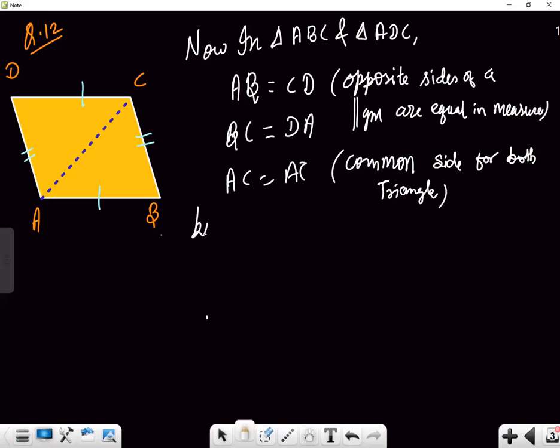So by SSS, as all three sides of one triangle are equal to the corresponding sides of the other triangle, triangle ABC is congruent to triangle ADC. Hence proved.